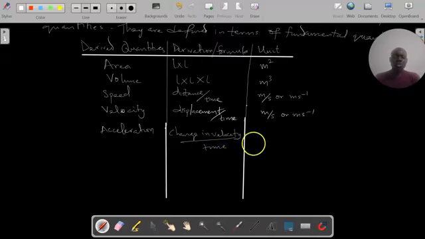That's the derivation, that's the formula. So we have final velocity minus initial velocity divided by time. You can also express it as v minus u divided by t, that is final velocity minus initial velocity divided by time.